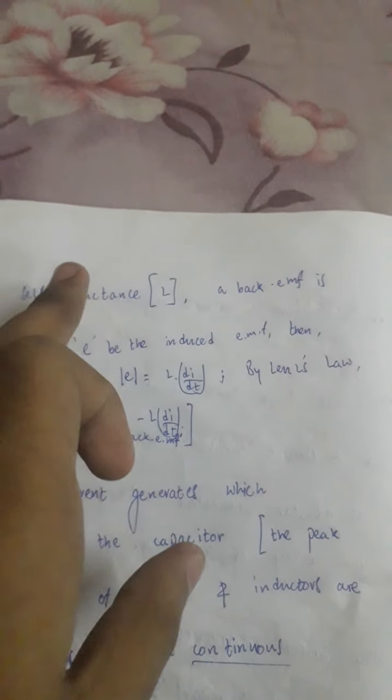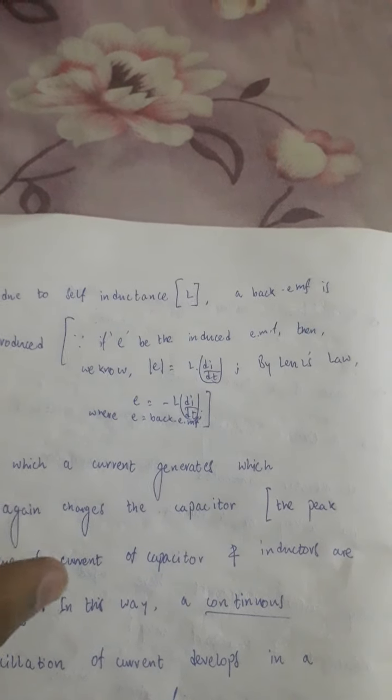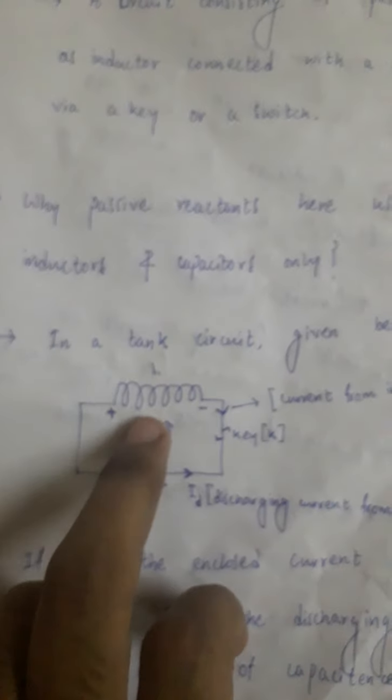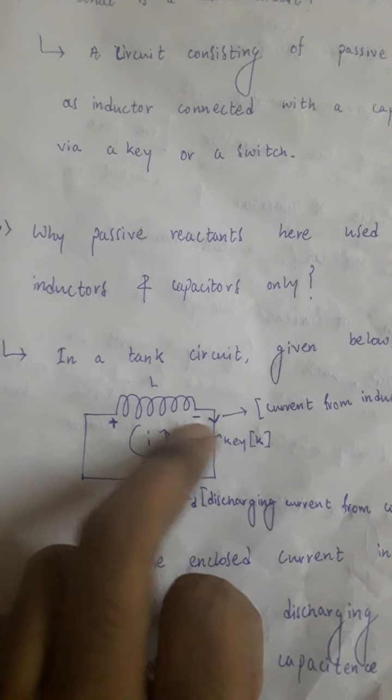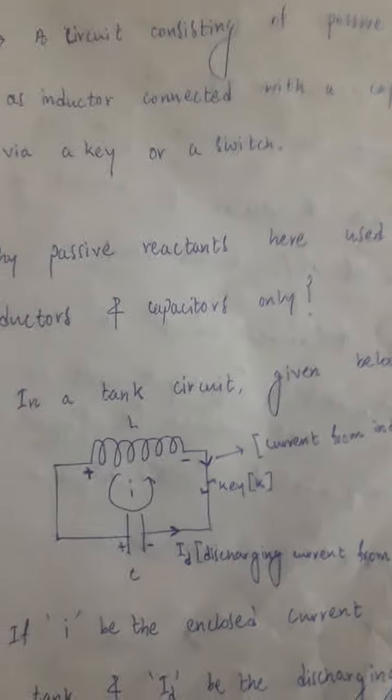Its direction always opposes the very cause of electromagnetic induction associated with the coils of the inductor. Here we can see that the back EMF always opposes the very cause of electromagnetic induction, meaning the rate of change of the magnetic flux.